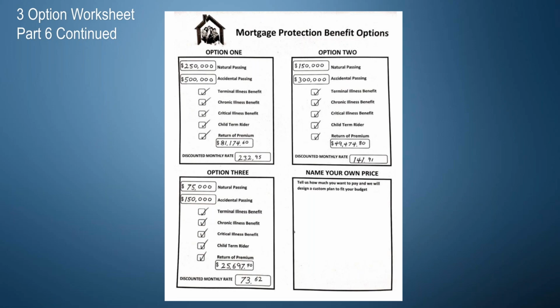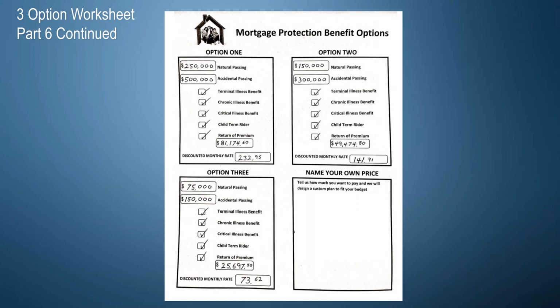And this program also includes terminal illness, chronic and critical. So you don't necessarily have to die for it to pay out. If you were to have a serious illness that prevented you from being able to work or perform the activities of daily living, you can actually get a payout on this program before you pass away.